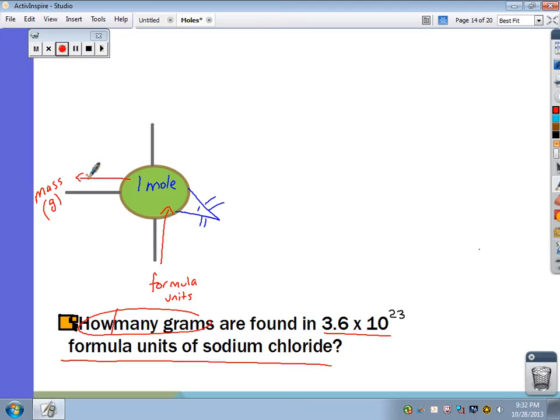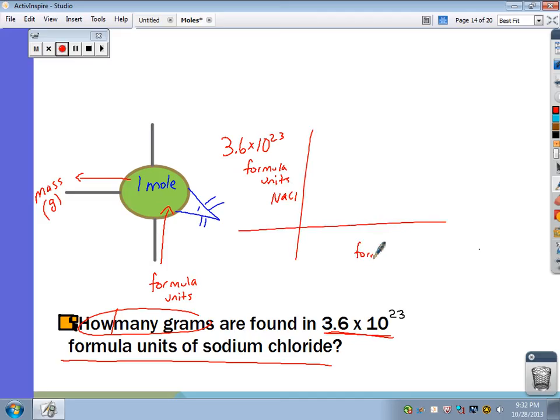So I start with what I underlined, 3.6 times 10 to the 23rd formula units of sodium chloride. I do not want that, so I'm going to put the word formula units down here and change it to moles.